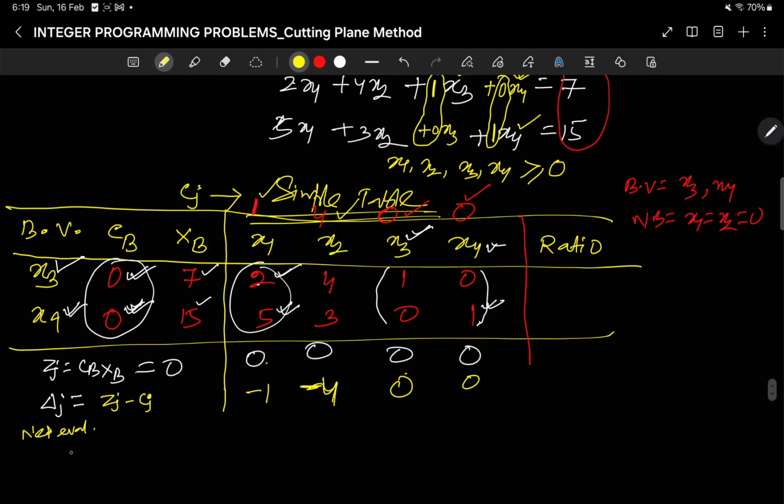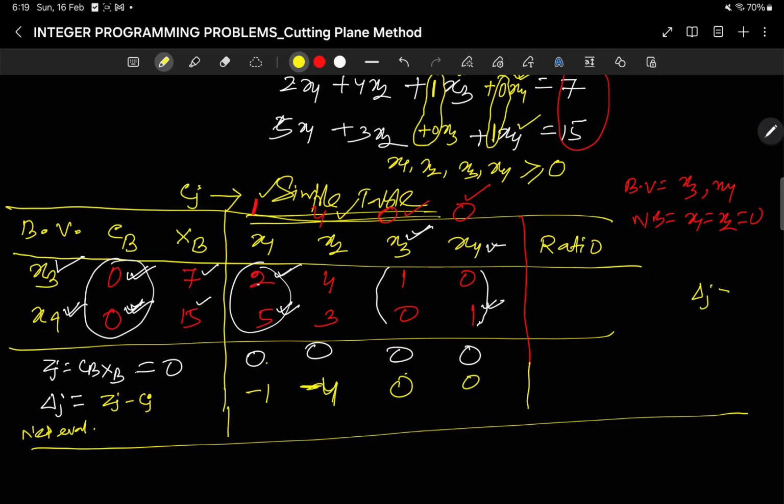So you see, optimality is achieved when all del j are greater than or equal to 0, then we stop. But here we have a most negative del j, right? So this needs to enter the base.